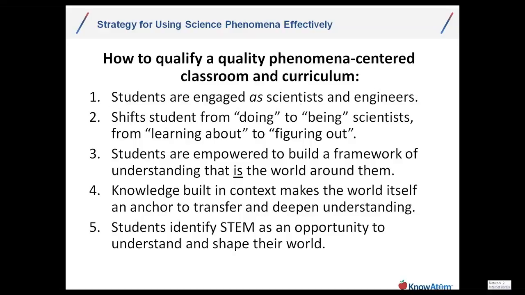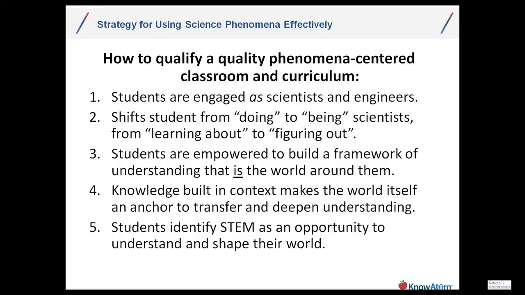The 5th piece of how to qualify quality phenomena-centered classroom experiences and curriculum is really seeing students as identifying STEM, science, technology, engineering, and math, because these pieces all come together. And I know the arts and language, and we can keep building out the acronym.